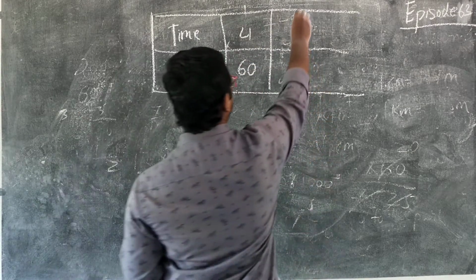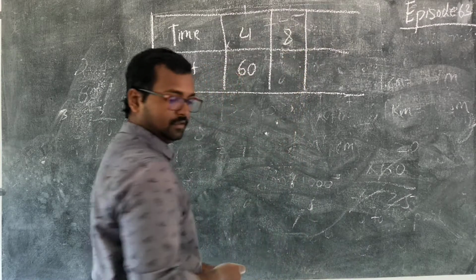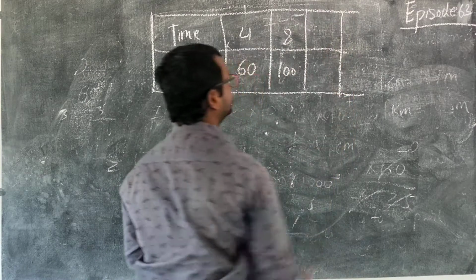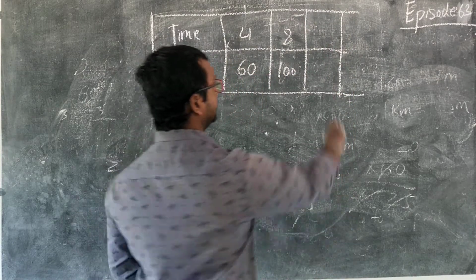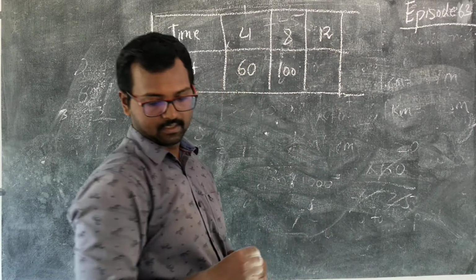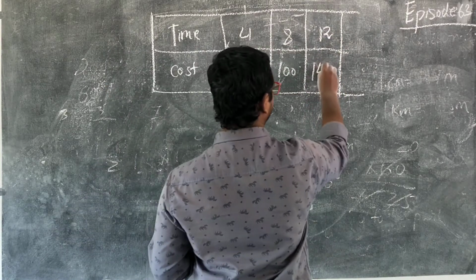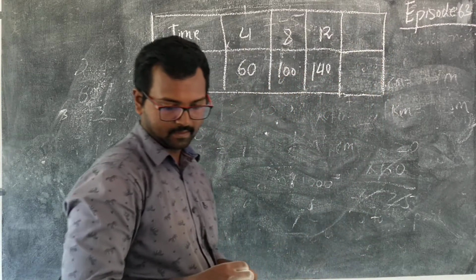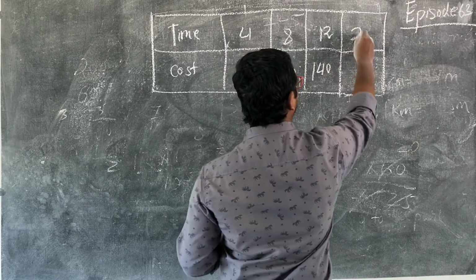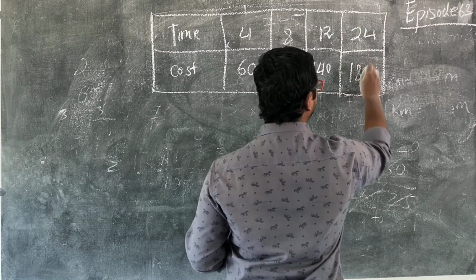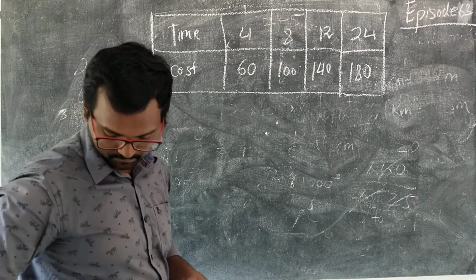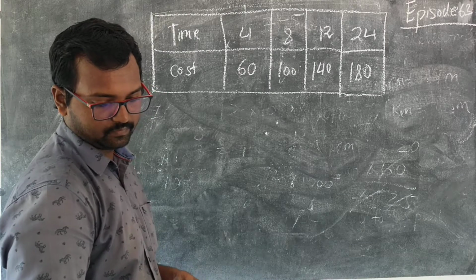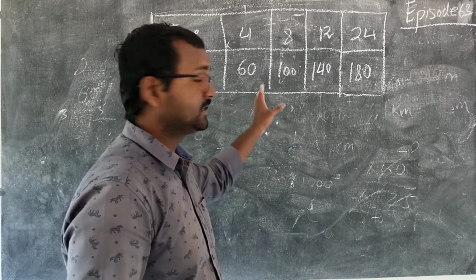For 8 hours parking, it is 100. Then for 12 hours parking, the cost is 140 rupees. Then for 24 hours, the cost is 180 rupees. Okay. So students, now they are asking if this charge is in proportion.